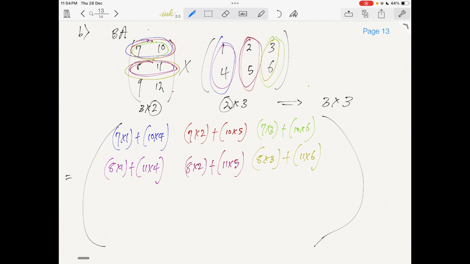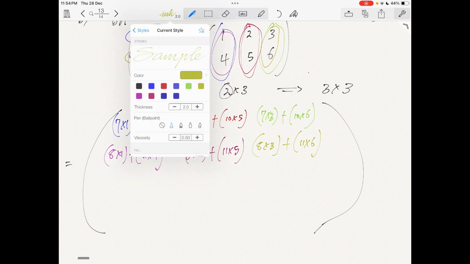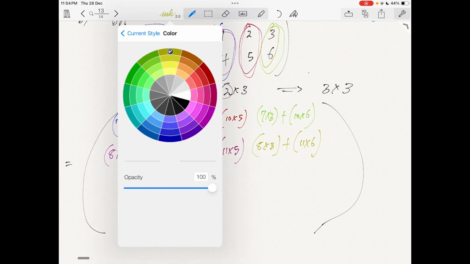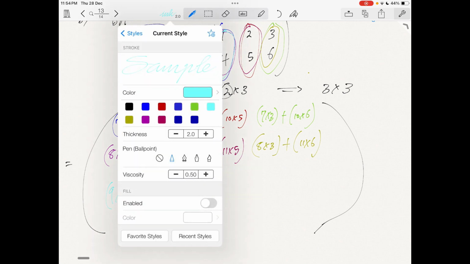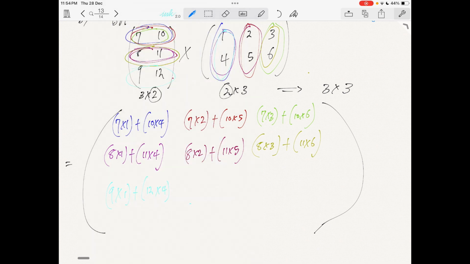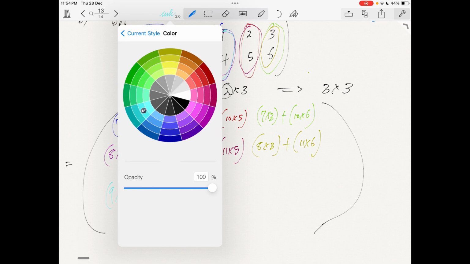Now we want to move on to the final row. Let's pick a shade for each, which is going to help us. So we have this multiplied by this. In that case we'll have 9 times 1 plus 12 times 4, and then let's move on. Let's find another shade. It is very important that you know colors in this life.